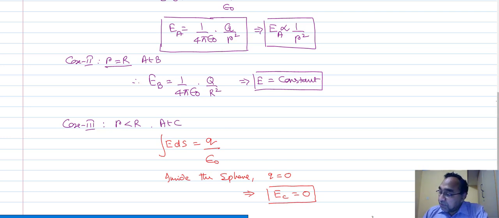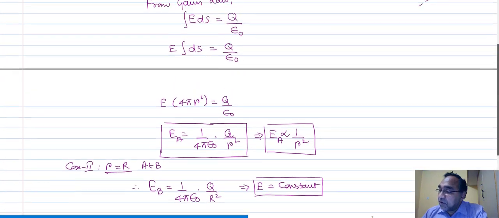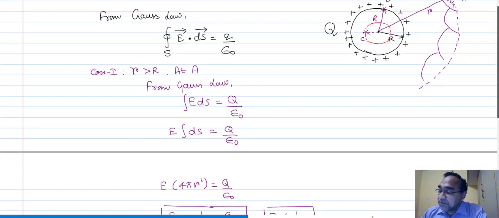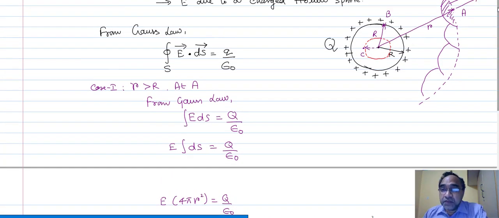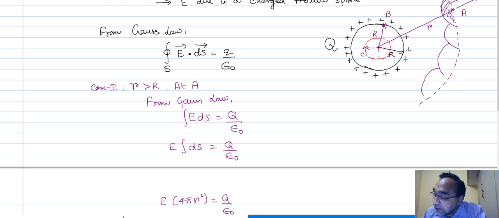Now, if we try to plot a graph for this variation, observe carefully how to plot it. This is the center, and this is the radius.